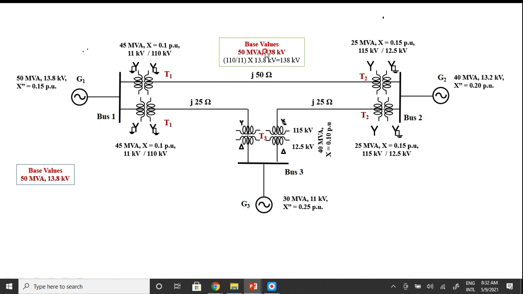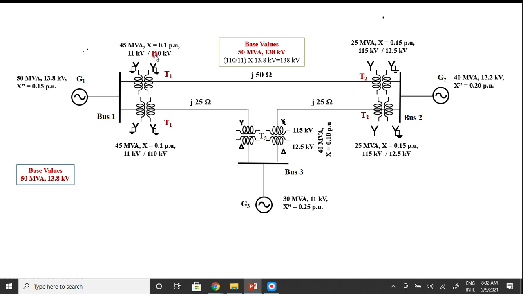Here I have written the base voltage as 138. How are we getting 138? We get 138 because the base voltage here is 13.8, and it has to be transferred through this transformer. That is, the voltage level will change because of this transformer.